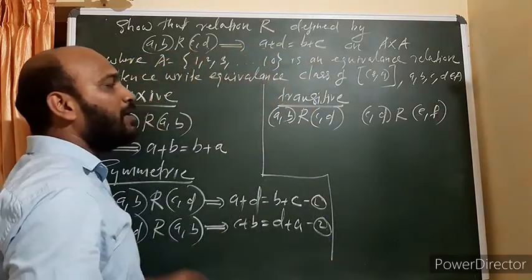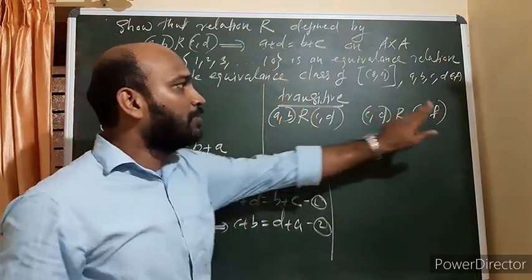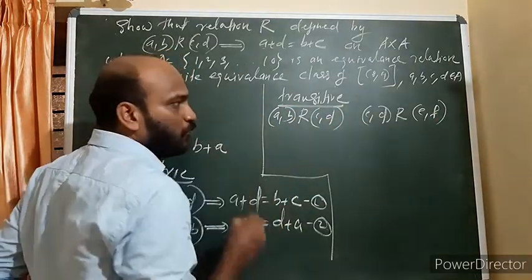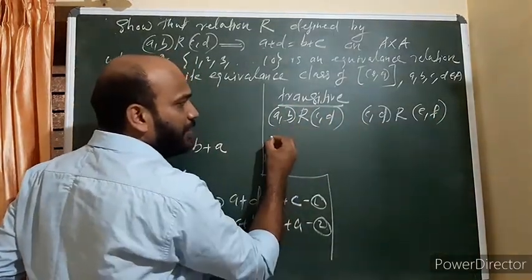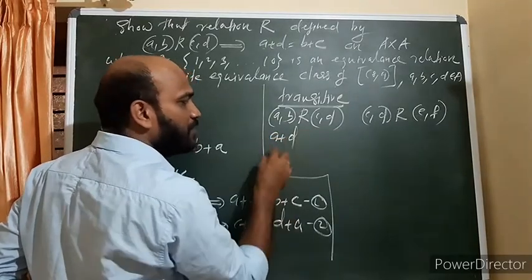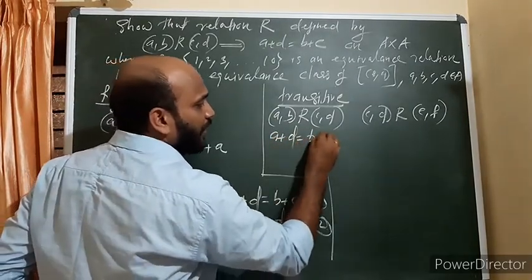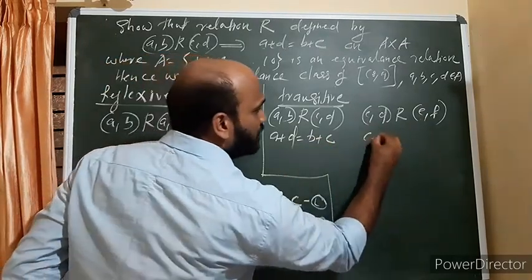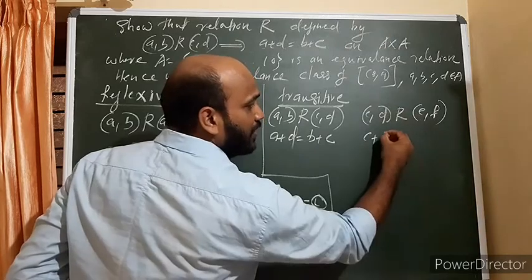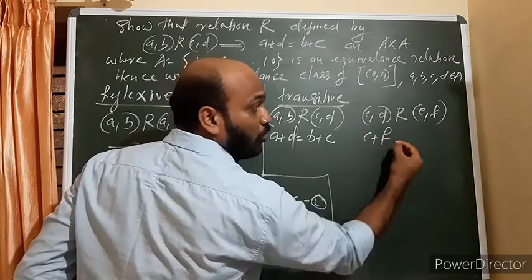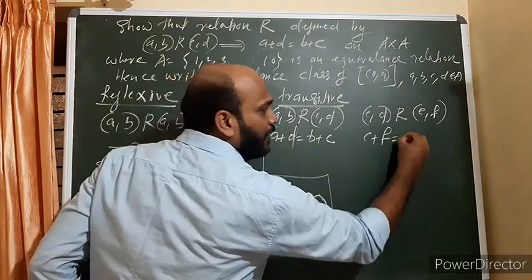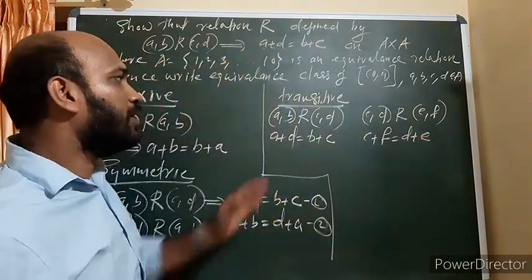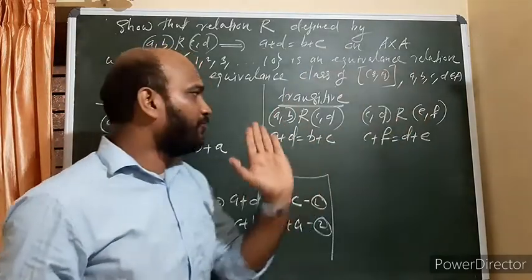Then we want to show that the first element is related to the third, that is (a, b) related to (e, f). (a, b) related to (c, d) implies a plus d, first plus fourth, equals second plus third. Here also you have to use the same formula. (c, d) related to (e, f) implies c plus f equals d plus e. Now we want to show that (a, b) is related to (e, f).